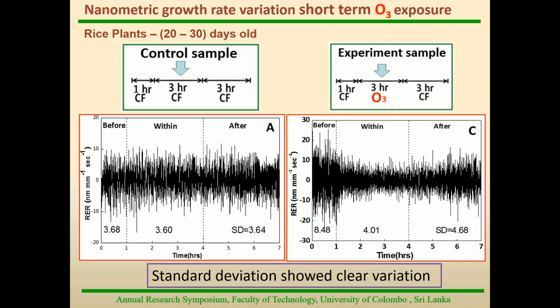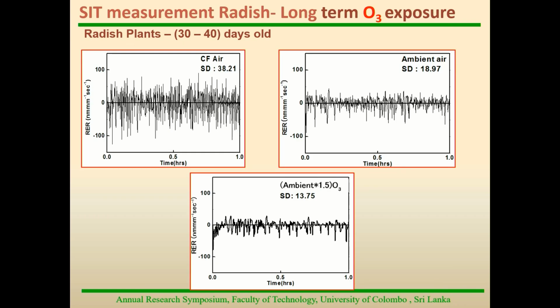And now I will show you long-term exposure of the plant. In this study we had 3 chambers: charcoal filtered, ambient air, and ambient 1.5 ozone chamber. Under these, we kept radish plants for 30 to 40 days.